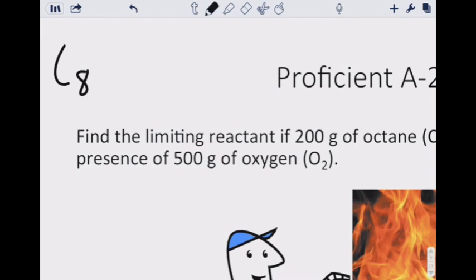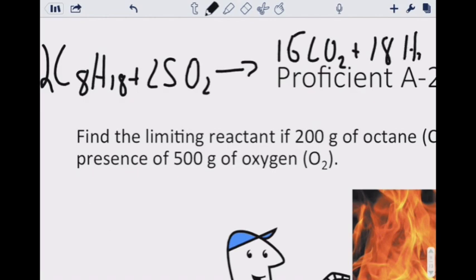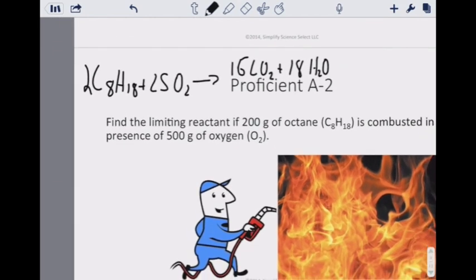It's 2 moles of C8H18 plus 25 moles of O2 produces 16 moles of CO2 plus 18 moles of H2O. Okay, there's our balanced chemical equation.